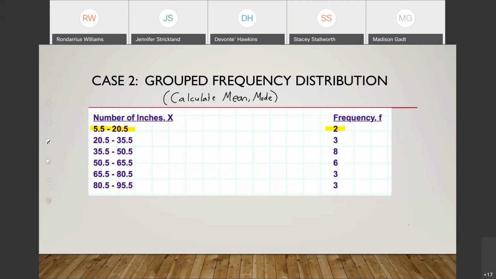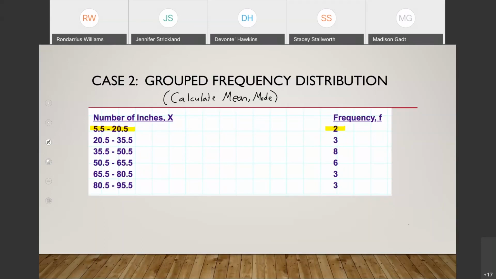How did you find the frequencies? You count them up, yeah. You look at your set of numbers and you count. So you would have counted 2 numbers between 5.5 and 20.5.